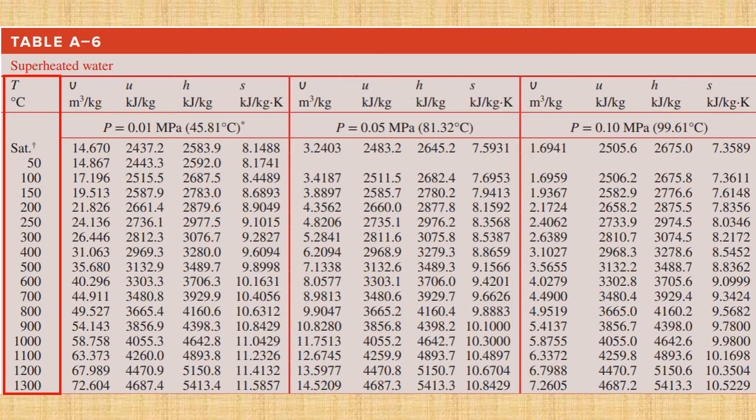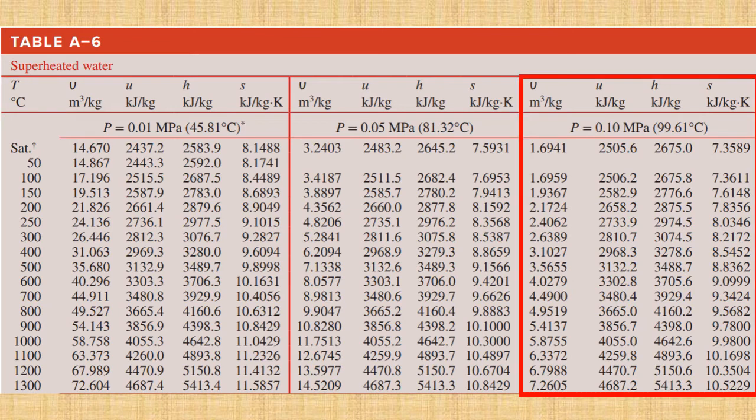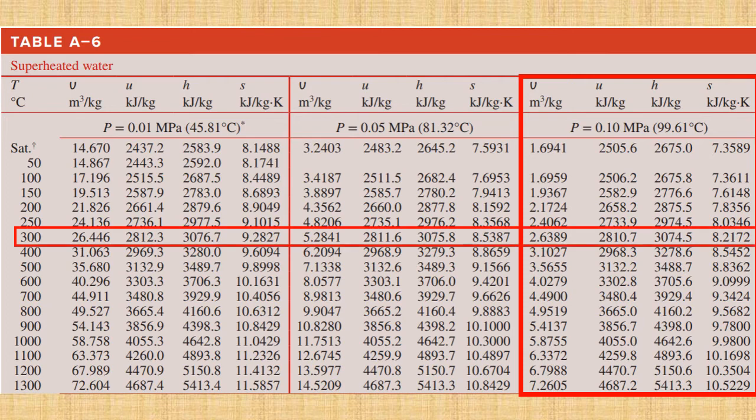For example, at a pressure of 100 kilopascals, which is equal to 0.1 megapascals, we would go to this box first, and then read across the row with the temperature value, let's say 300 degrees Celsius.